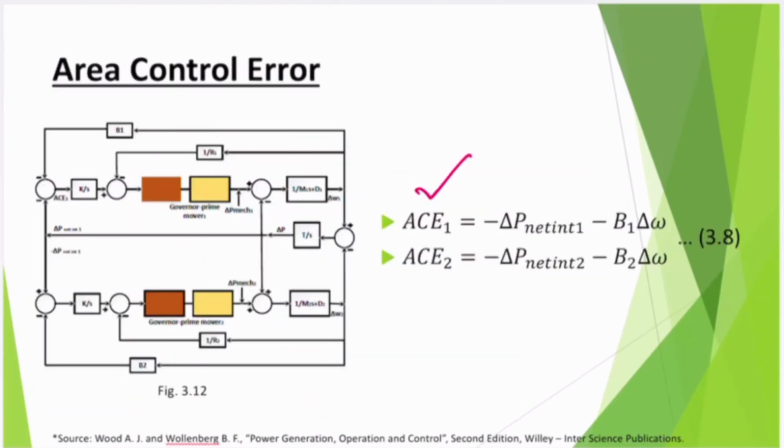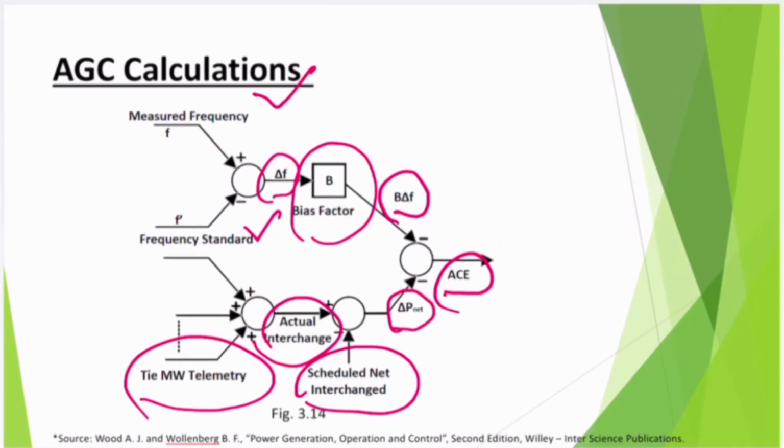So what is ACE? It is my delta P net minus B delta omega. If you look at this equation, ACE is nothing but minus delta P net minus B delta f.